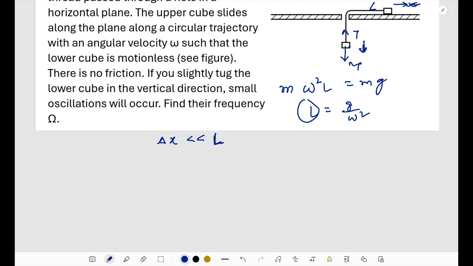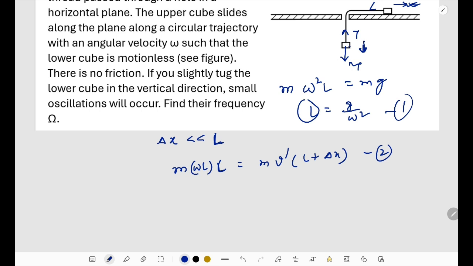Angular momentum was initially m omega L, that is mvr, and it equals m v dash times L plus delta x, since its velocity is now v dash and the length is now L plus delta x. So this is my equation number 2, because the earlier one was equation number 1.